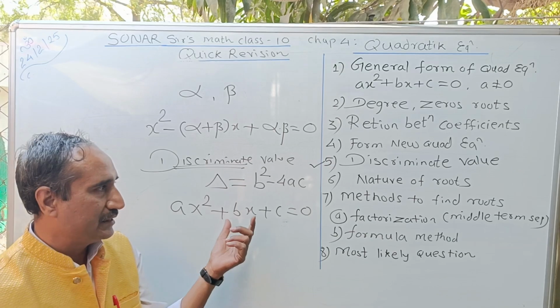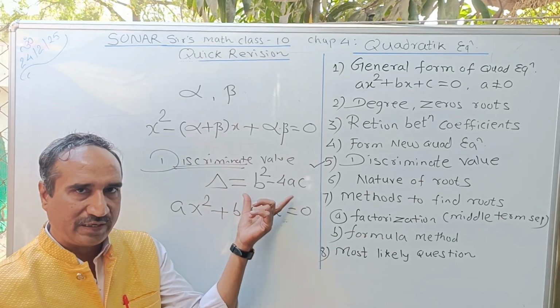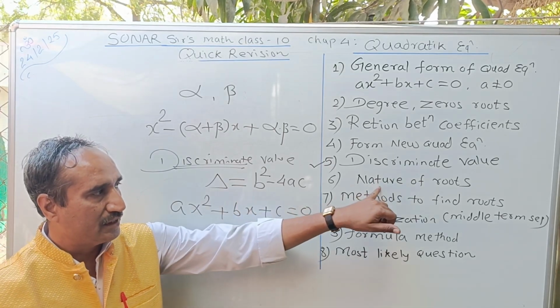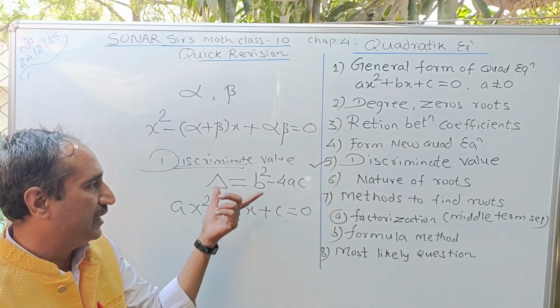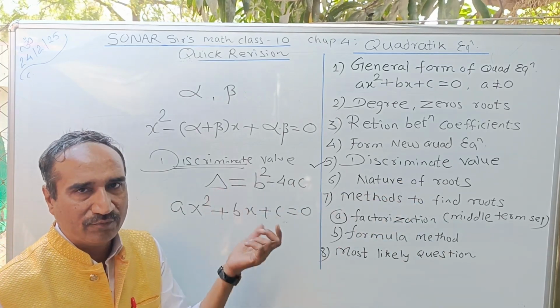Now we'll discuss how, by using the discriminant value, we decide the nature of roots.